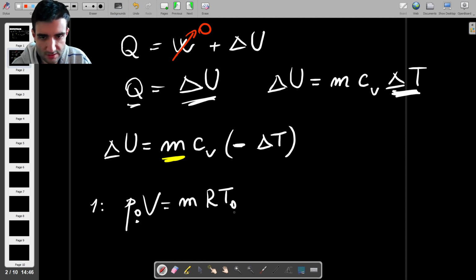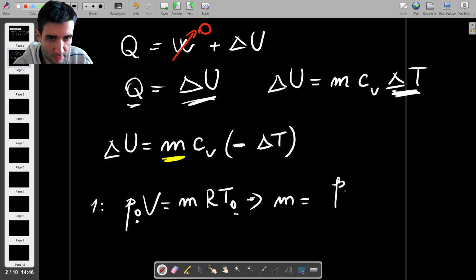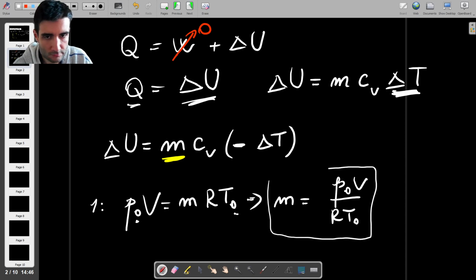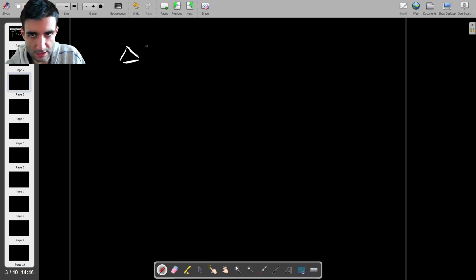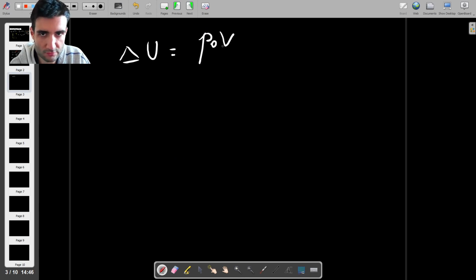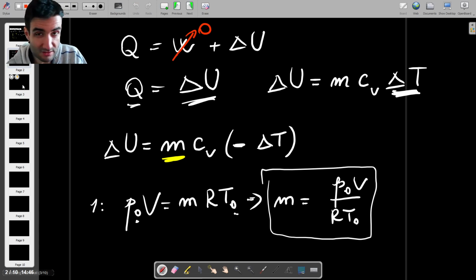The zeros represent standard conditions, and then we have M equals P naught V over R T naught. So then we can rewrite this as follows. Delta U is going to be equal to M, but instead of M, we write P naught V over R T naught, and then times CV.